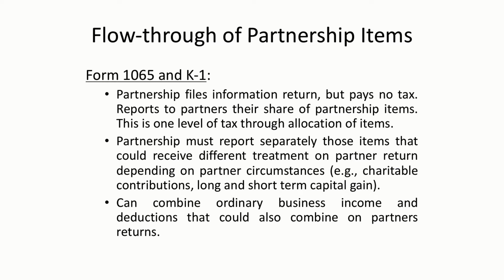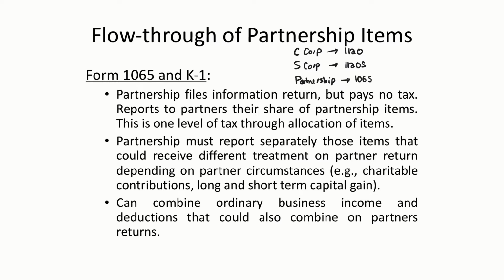So, C corporations, they file Form 1120. S corporations, they file Form 1120S. And then finally, anything taxed as a partnership, they file Form 1065. So that's where the 1065 comes into play.